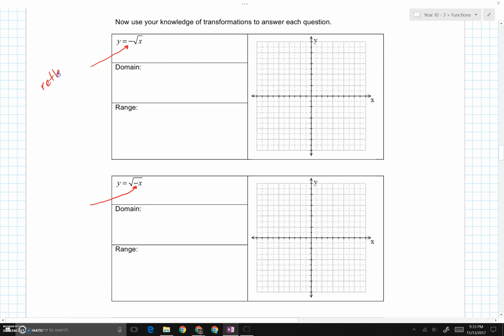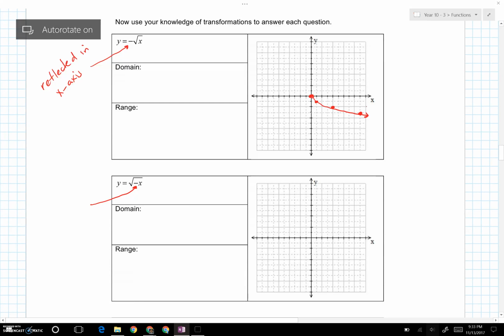So it should now be at (0, 0), (1, -1), (4, -2), and (9, -3). And so if I draw my lovely sketch, please verify that it looks like the one on the computer. It's the same thing.